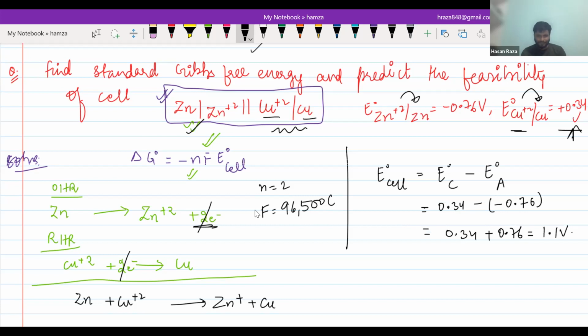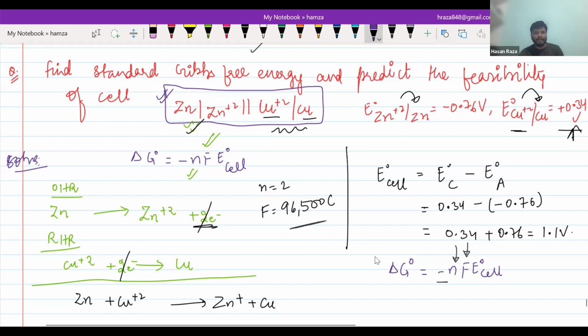Now see, after finding E naught cell, you can easily predict whether it is feasible or not, because in the formula there is a negative. n is always positive because it is the number of electrons. F is positive because it is a constant, 96,500 coulomb.